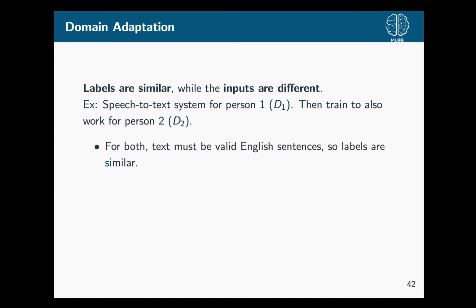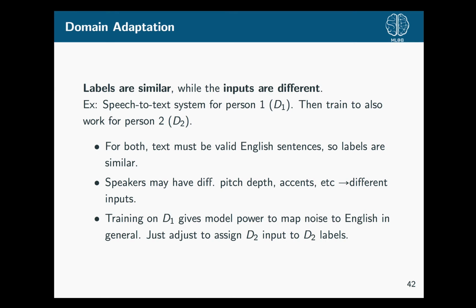So the labels are similar because you still need to be able to map audio to English. Yet the speakers may have very different voice characteristics and speaking patterns. As long as you have a representation of what spoken English sounds like in the abstract, then you can fine-tune that for the different input distributions. And so this is called domain adaptation.